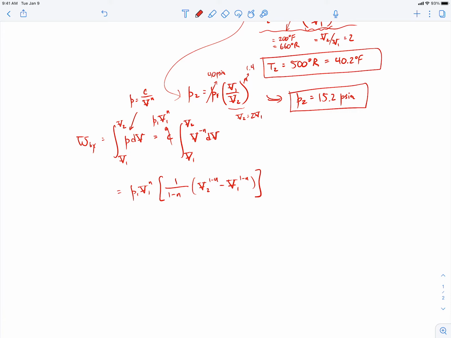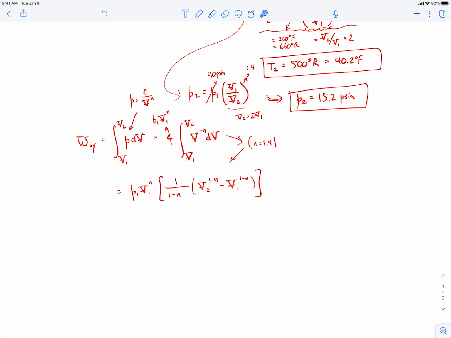I can do this integral because I know that n is equal to 1.4, and this is just the normal integration that you've done many, many times in a calculus class. If n was equal to 1, then that integral would be a natural log. But if it's not equal to 1, it's just an integration of something raised to a power. It's pretty straightforward.